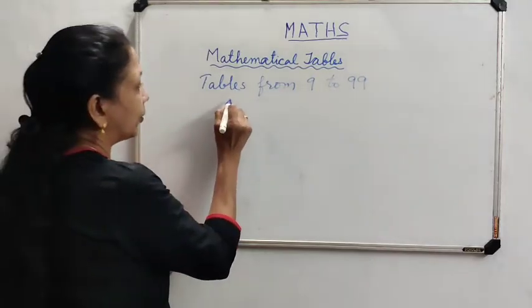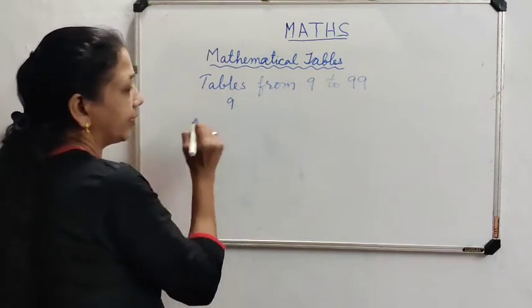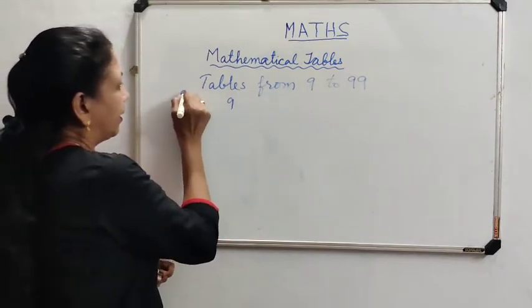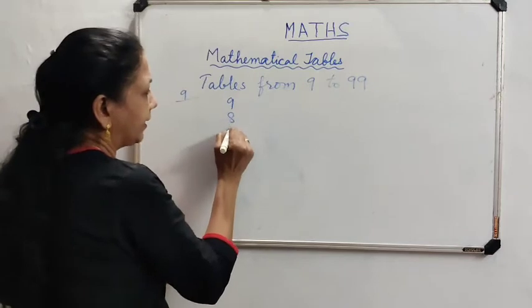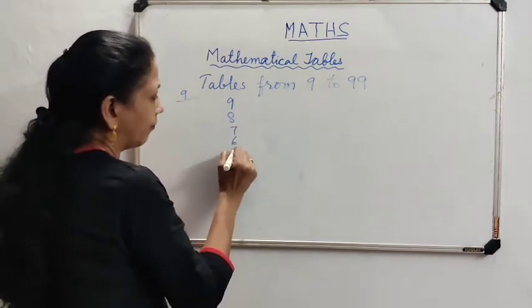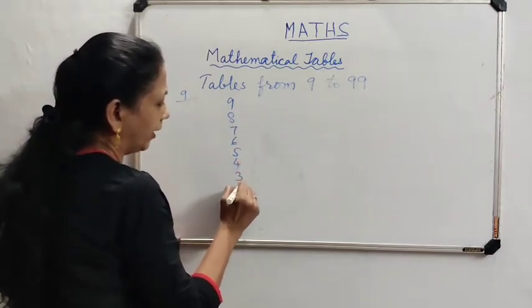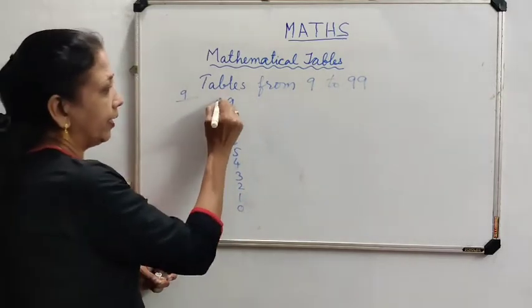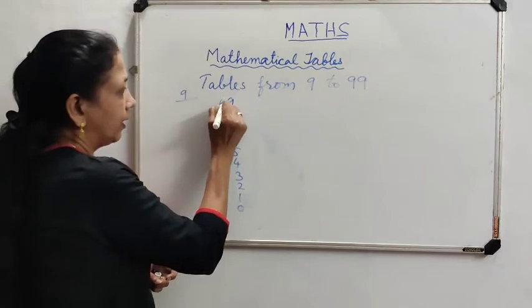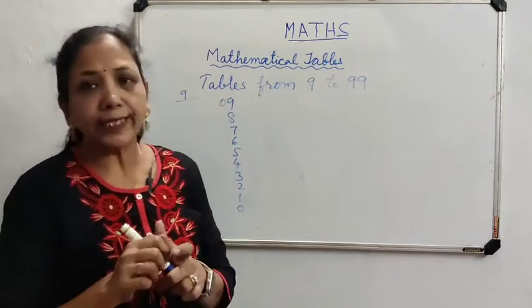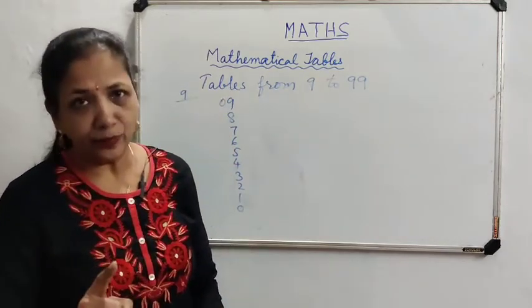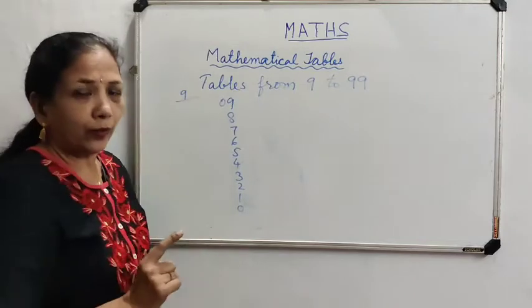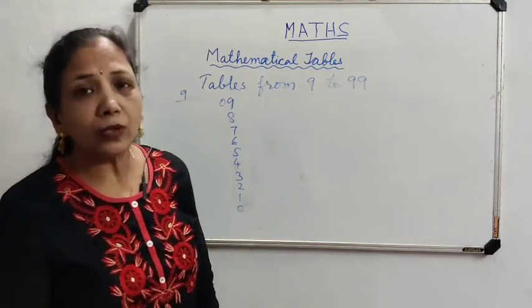First, the 9 table. As I already told you, write 9, 8, 7, 6, 5, 4, 3, 2, 1, 0. The tens place is 0 at the start, and 9 1 is 9. What is the next number after 0? 1.